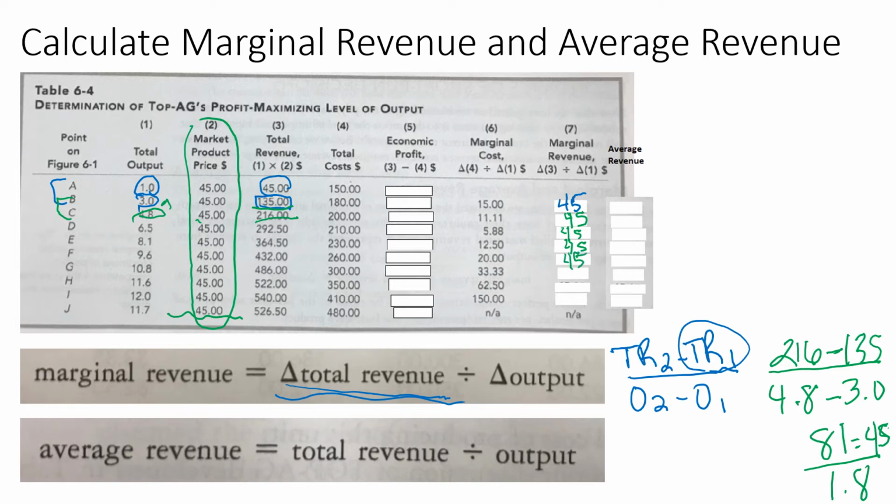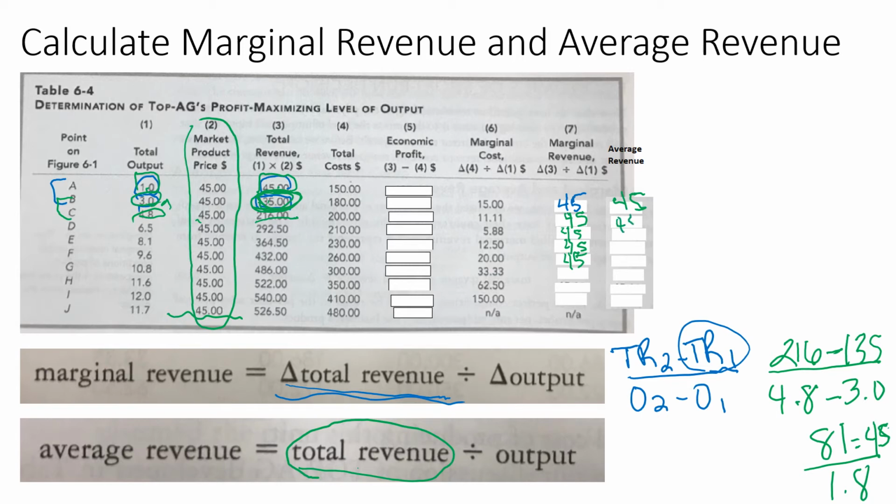And then the average revenue for product, if we calculate those out, we're going to find something similar. So average revenue is going to be total revenue divided by output. So our total revenue is here, so $45 divided by 1 unit of output is going to be 45. Then we have 135 divided by 3.